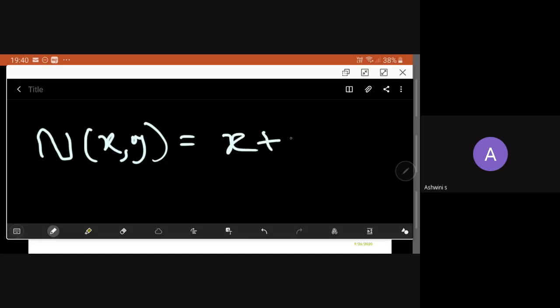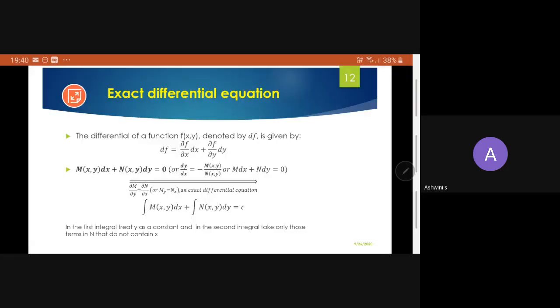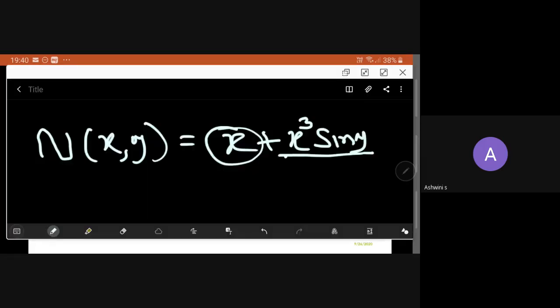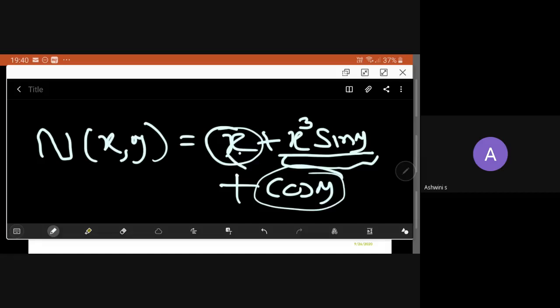So suppose we have our N of xy as, say, x plus x cube sin y, plus a third term cos y. The first two terms you need not take, because both involve x; you need to take only the term cos y, which is free from x.